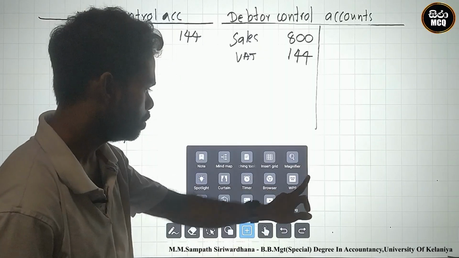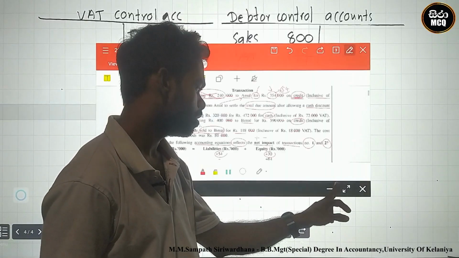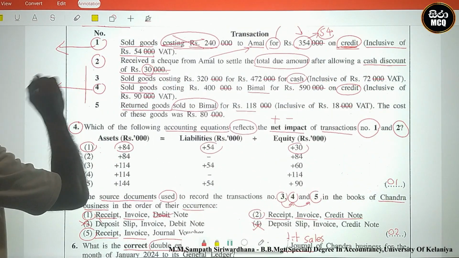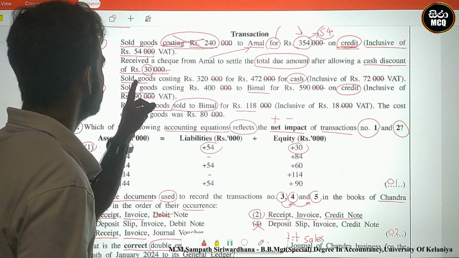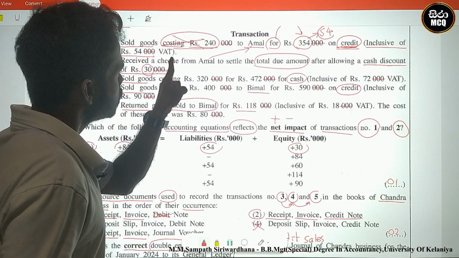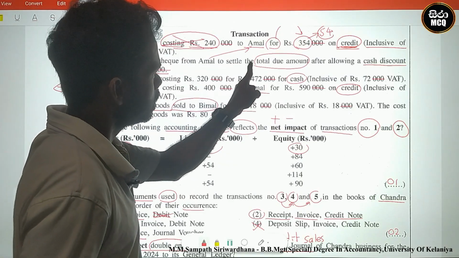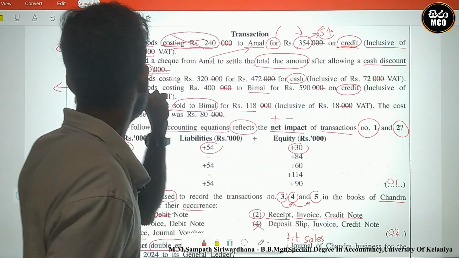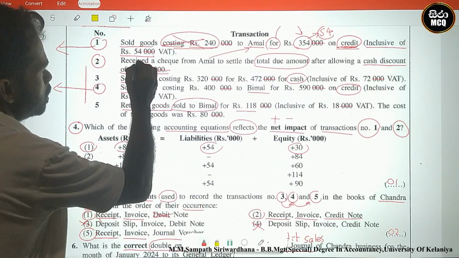Look here, the PDF. Transaction number 1 okay, 4 okay. Transaction number 2: received a cheque from Amal to settle the total due amount after allowing cash discount 30,000.